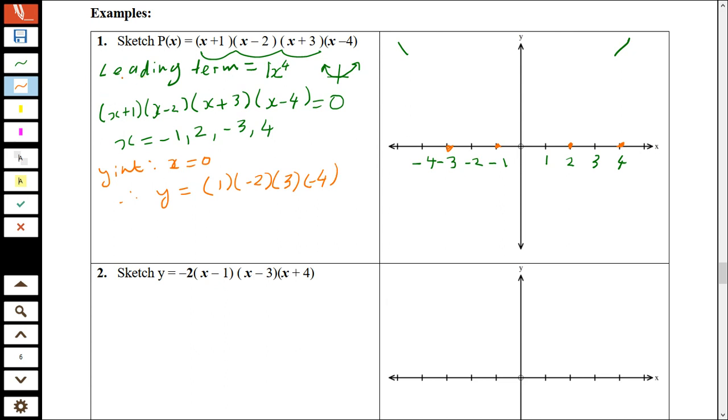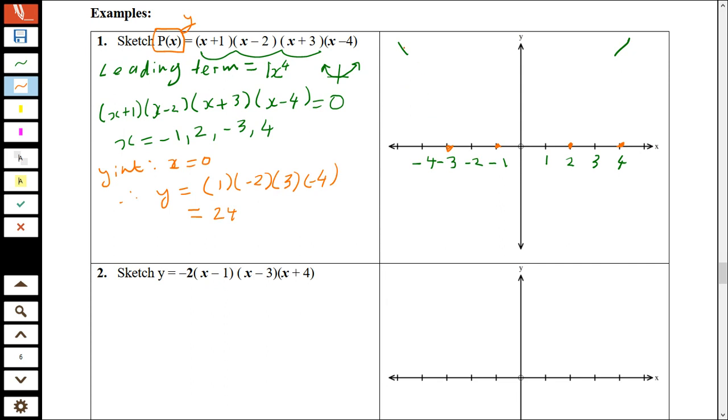So just be aware you can replace p of x there with y, just to make the labelling easier. So 1 times -2 times 3, -6, it's going to be 24. So now we're ready to sketch.